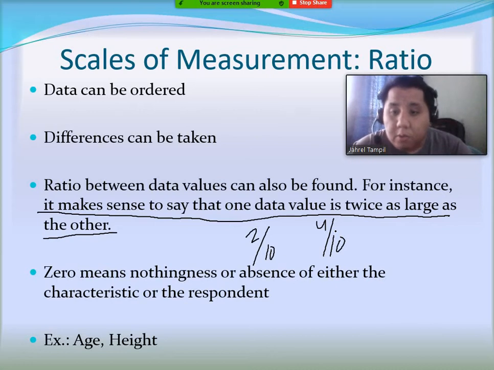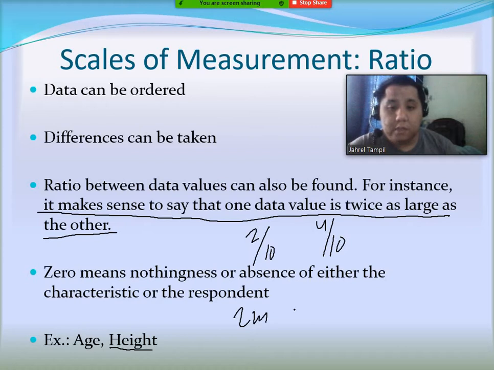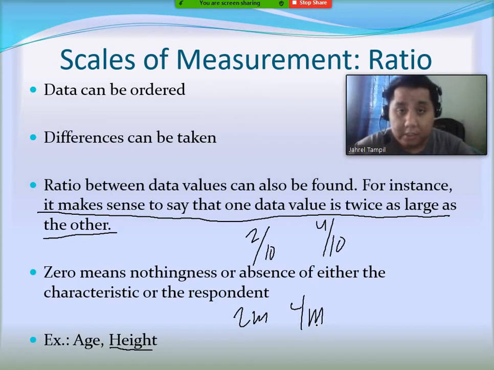However, in ratio data, for example, in height, for certain studies, it makes sense to say that a height of 2 meters is half of 4 meters, and 4 meters is double 2 meters. So it depends on the context again. It depends on the context of the actual study.